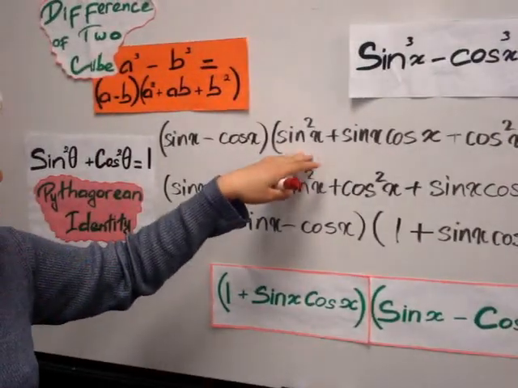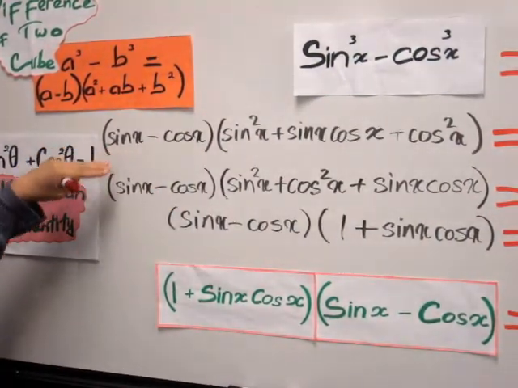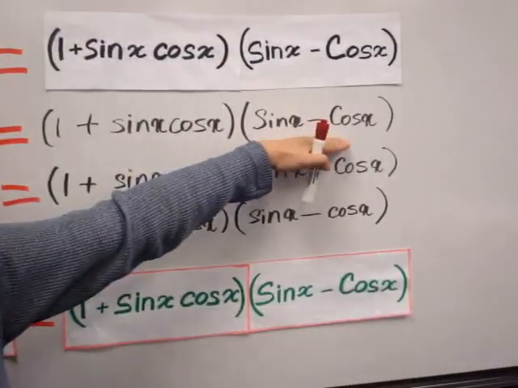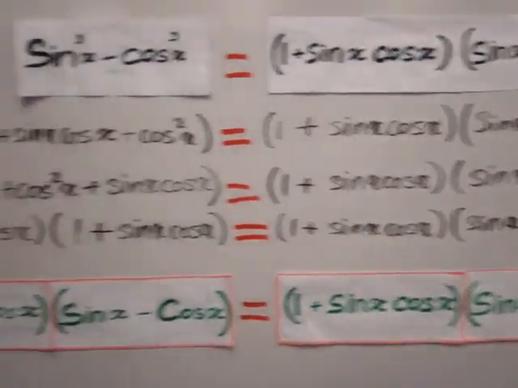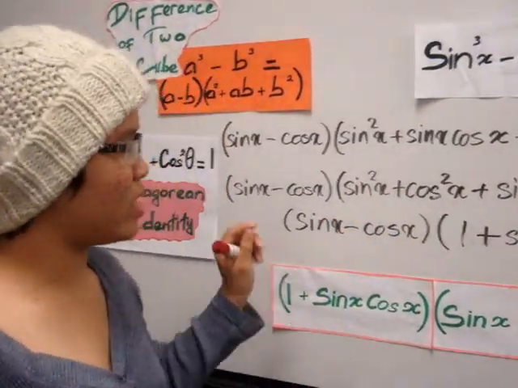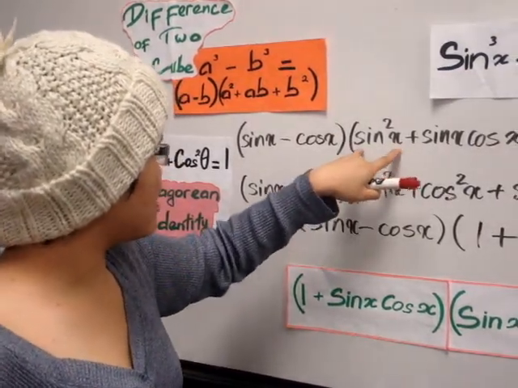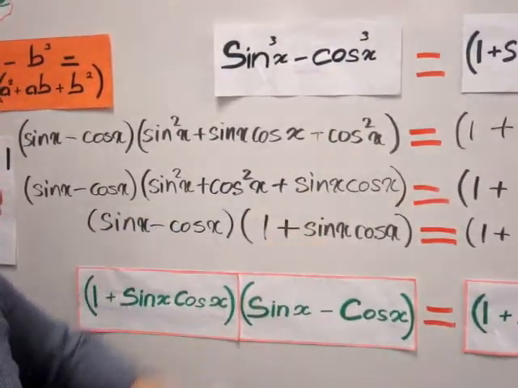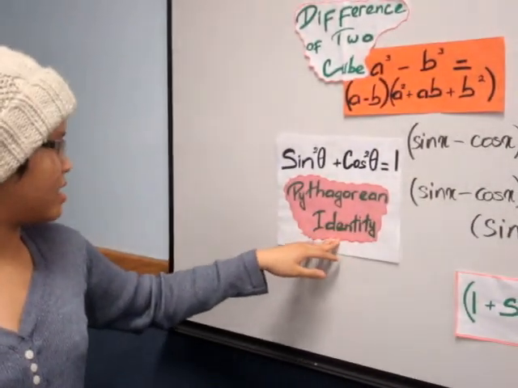From this problem, we have this one and the same on the right side, and we're going to keep it because we want to change the left side to equal the right side. Anything that is the same, we should keep, and we don't do anything more with that. And we have sine squared x plus cosine squared x, which is the Pythagorean identity.